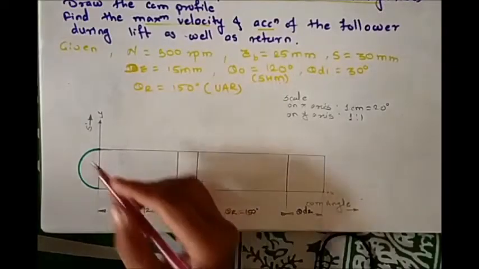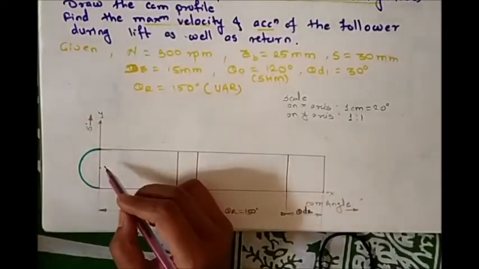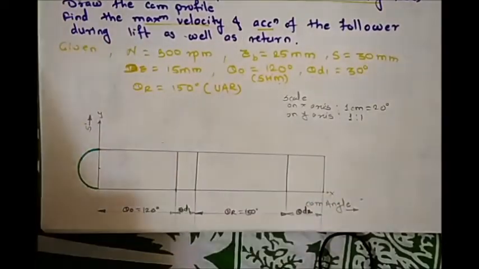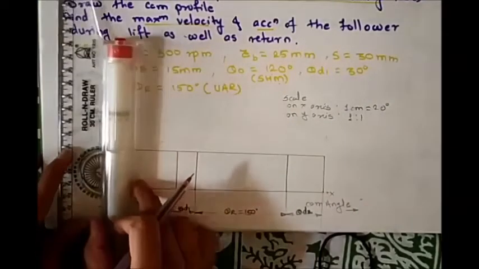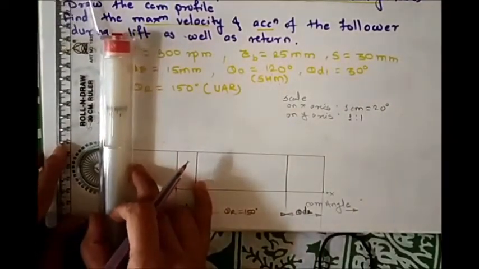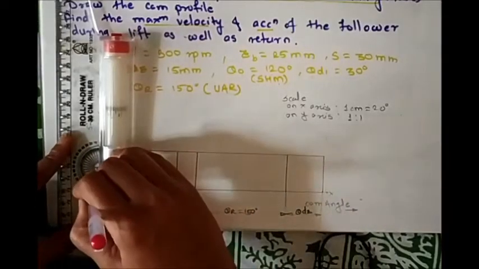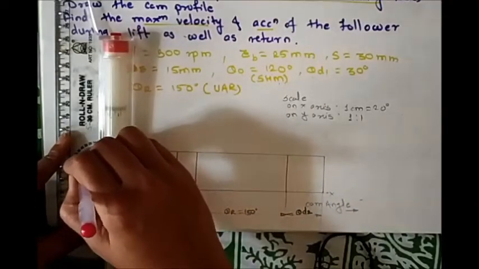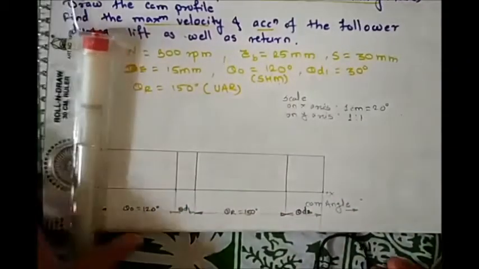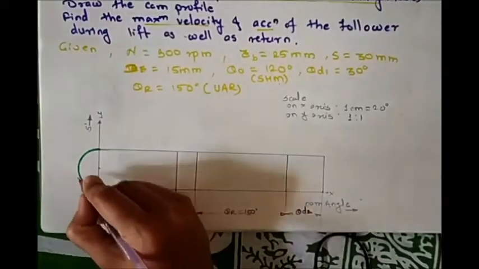Now divide this semicircle into an equal even number of parts. For that, let's use this protractor. Now divide this half circle into 6 equal parts, so I am going to divide it in 30 degree angles. So here we have the division points.